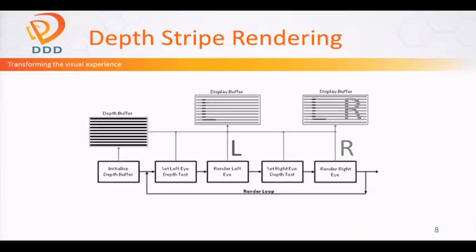We then change the depth test and change the range of it so that when we render the object for the right eye, we only render the pixels that are appropriate to that particular line. And obviously you can change this pattern to vertical interlace, checkerboard, anything that's an interleaved pattern.